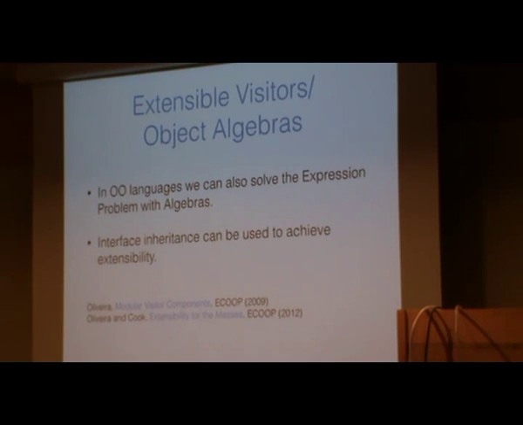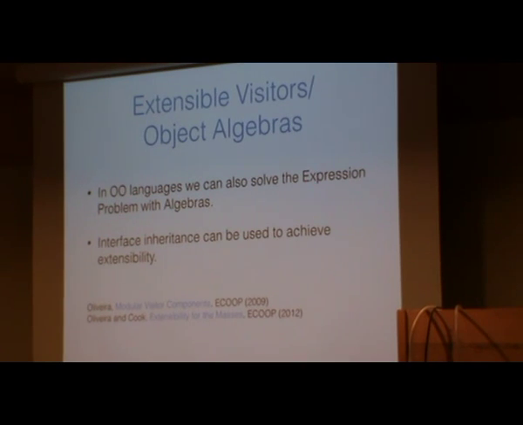And so what I did there was, all right, I already know about this type theoretic explanation of the visitor pattern, and that uses algebras. Can we find a mechanism that allows us to achieve extensibility of algebras in object-oriented programming languages?